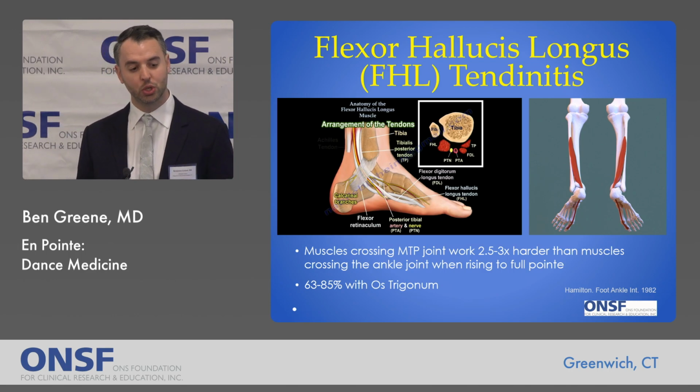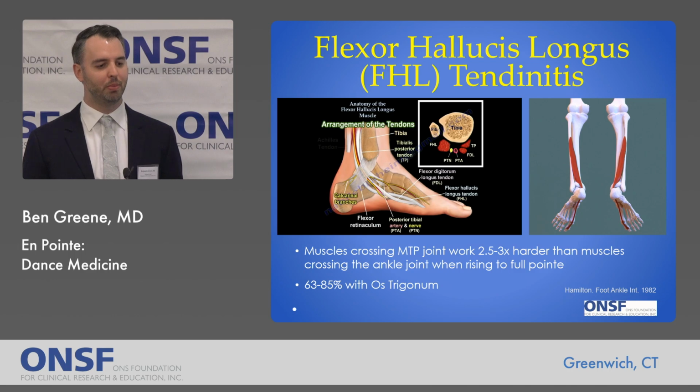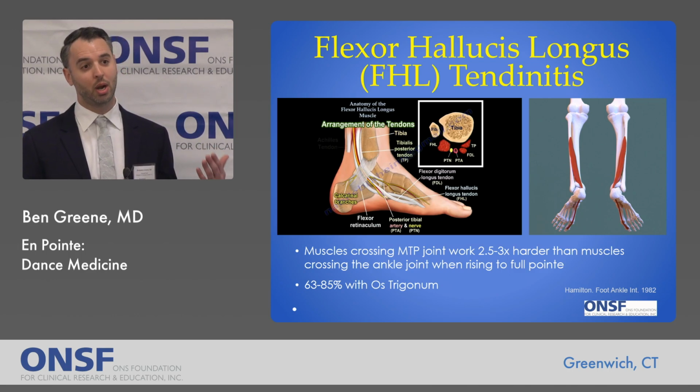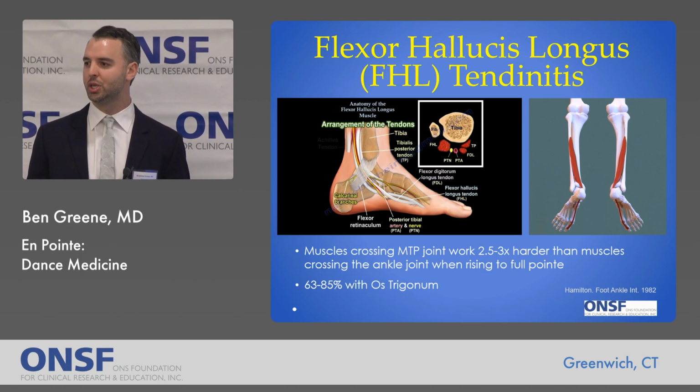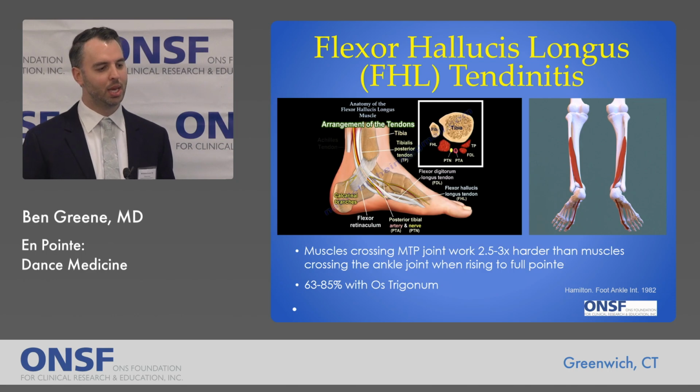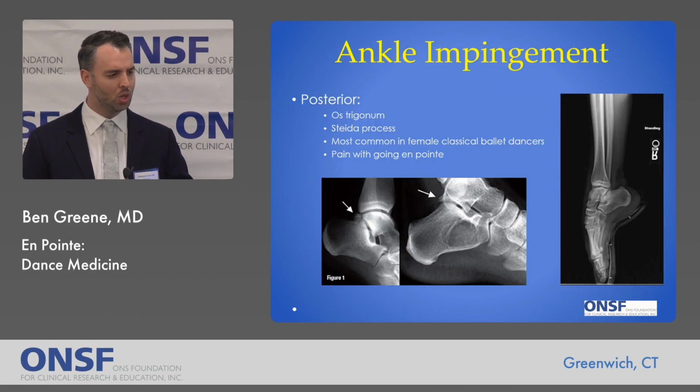And it's a very interesting muscle and tendon unit because it crosses over not only the ankle joint, but also that first MTP joint, which places an exceptional amount of tension and strain on that tendon. Now, this condition is very commonly seen with os trigonum, which I'll expand on in a bit.